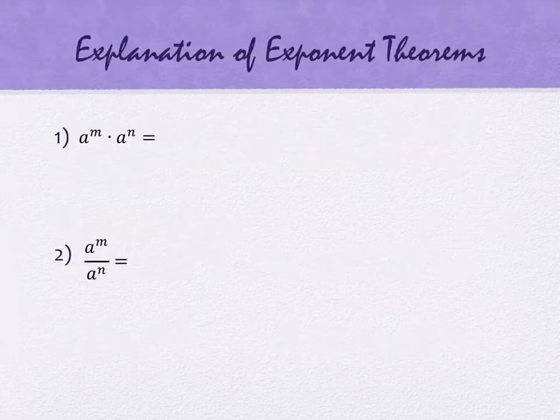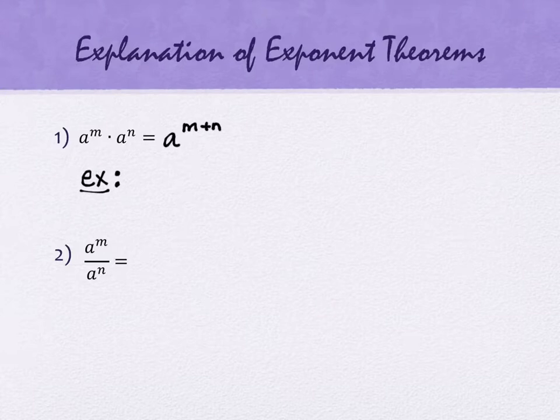Okay, so the first one that we're going to do is a to the m times a to the n, which we said should be, if we are right, a to the m plus n. In most of these, maybe all of them today, I'm going to show you an example. Because if you were working with a child on this or trying to justify it, an example is a pretty good place to start.